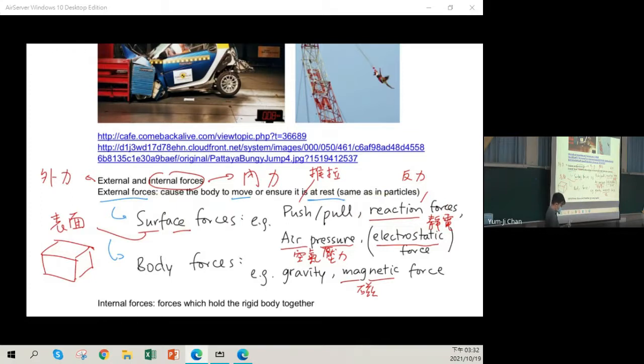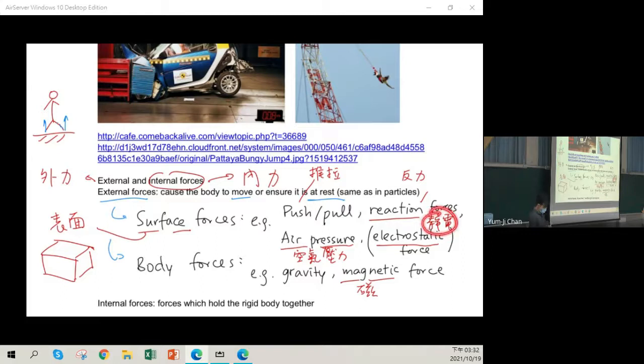For example, if we stand on the floor, the reaction force only acts on our feet. It does not act on other parts of the body. And if there is air pressure acting on the body, then it is also a surface force. The last one is electrostatics.